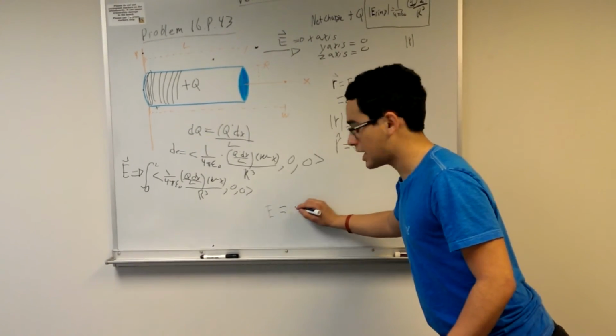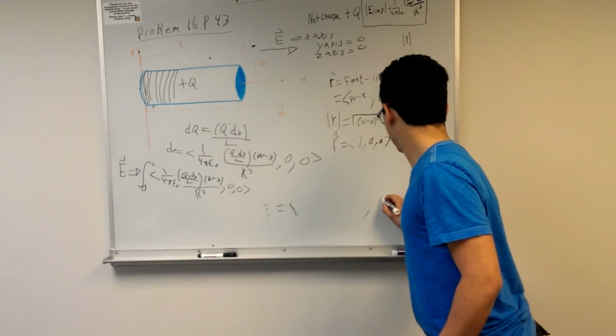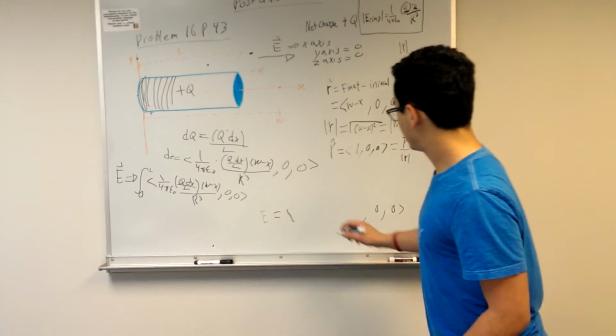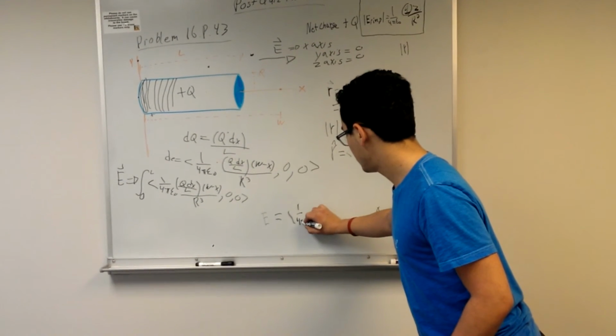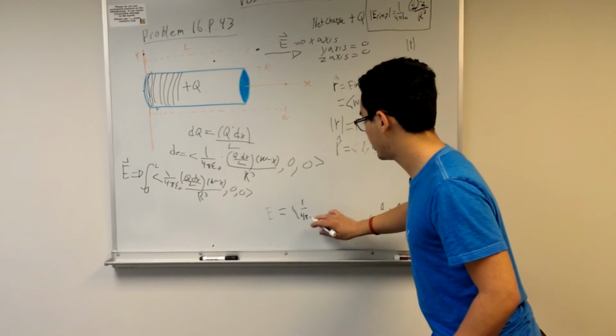at the point W is going to be equal to a vector, which once again we know has a 0, y and z component, and it's going to be equal to 1/4 pi epsilon naught. Since we know this is constant, we don't integrate over it.